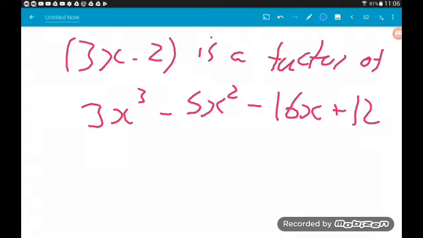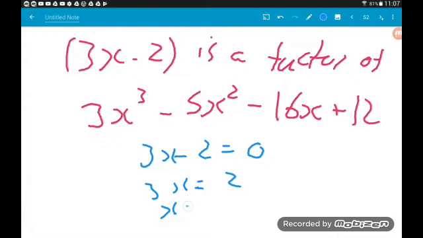So we want to show that 3x minus 2 is a factor of 3x cubed minus 5x squared minus 16x plus 12. So, first of all, we need to work out what 3x minus 2 being a potential factor would make x. So, if we set 3x minus 2 equal to 0, 3x is 2, so x would be 2/3.